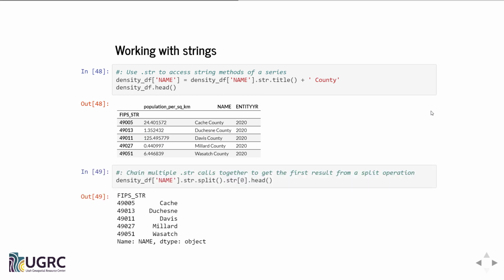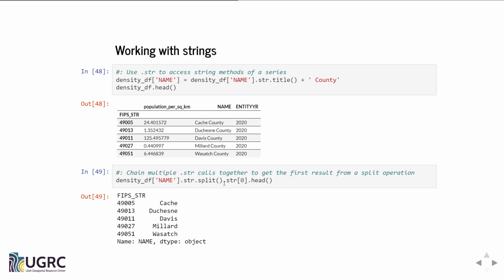Now, frequently you want to split a string. And this gets a little difficult if you don't understand what's going on. So we're going to call str.split, but now I just want the first thing in that, the 0th thing. So let's say my data was this, and I just want the county name. I don't want county associated with it.